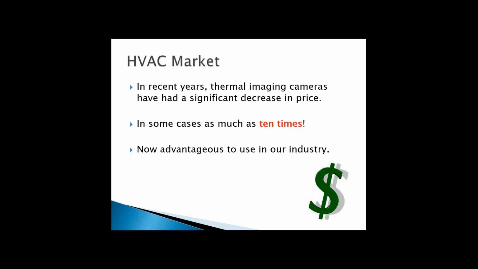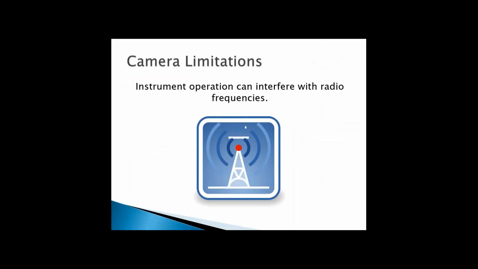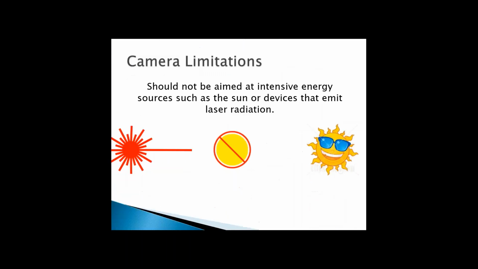So, unlike all good things, there are some limitations. Let's discuss those. One of the first limitations is that the infrared camera can interfere with radio frequencies. That's important to note. Other limitations include that infrared cameras should not be aimed at intense sources of energy, such as the sun or devices that emit laser radiation.